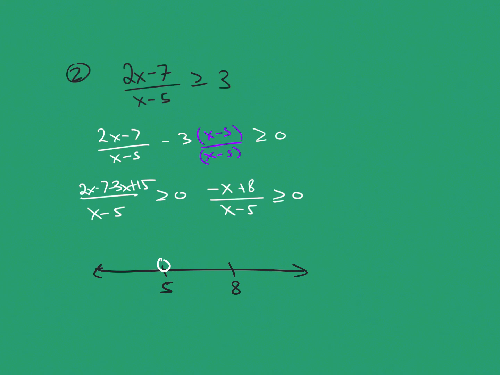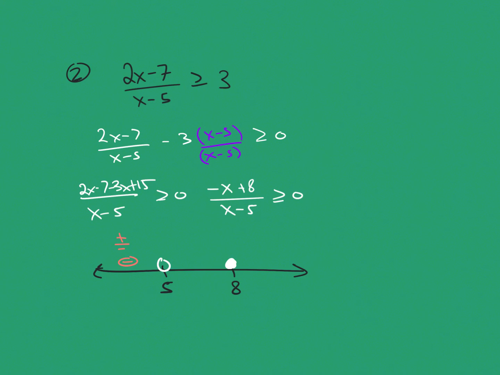Since we are greater than or equal to 0 at 8, it's going to be a filled-in circle since I'm okay with equaling 0. Then we're just going to do a little number line test. We could also use the bouncing and crossing idea, but we do have to test one section first. I like the far left in this because I could plug in 0. If I plug in 0 for x, I get positive 8, positive over negative. So I have a negative there.